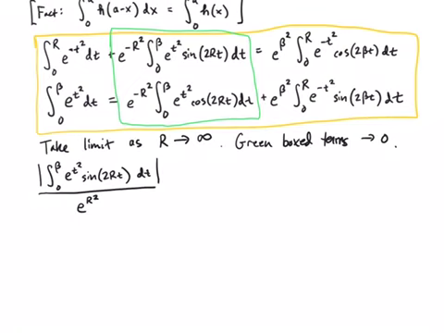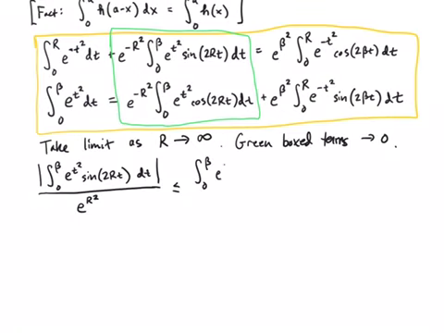So if I look at the absolute value of this quantity, we know just from calculus that the absolute value of this integral, which is computing an area, is no worse than the integral of the absolute value.